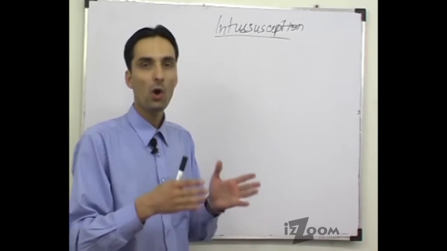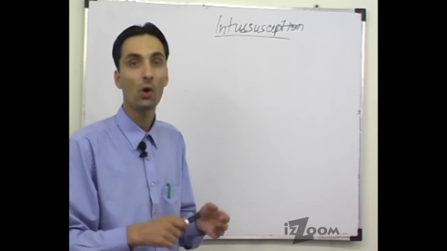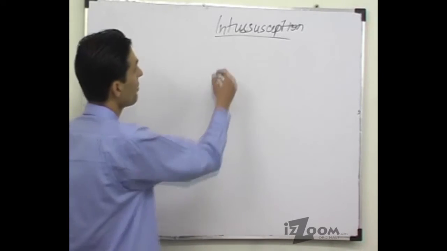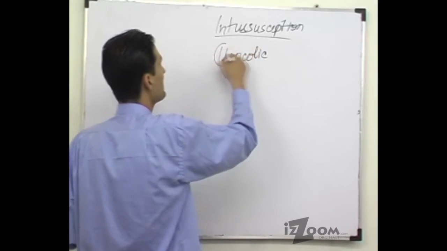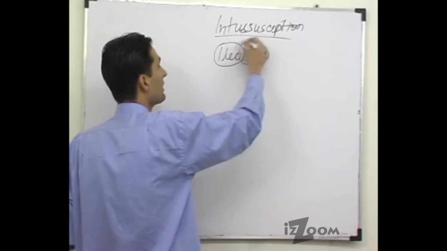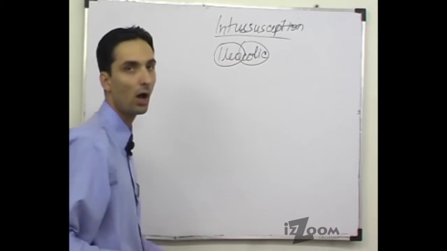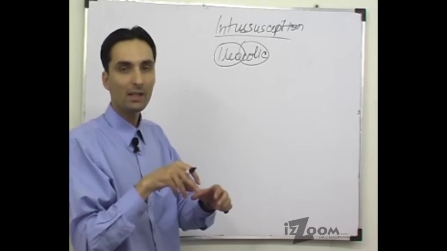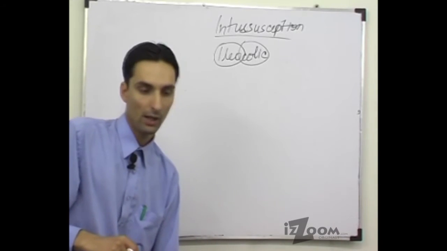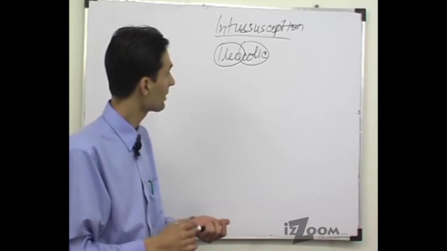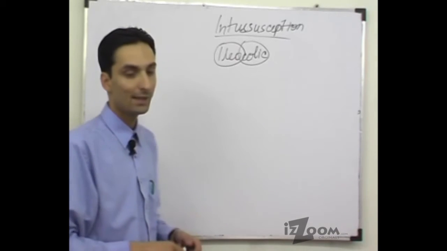So ileocolic type of intussusception is the most common. Ileocolic, because ileum is small and colon is large, so the ileum telescopes through the colon, and that is the most common type.